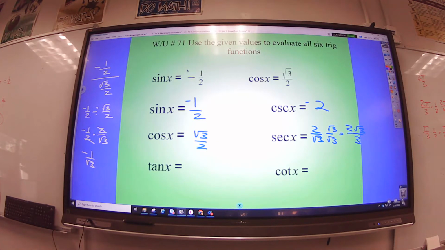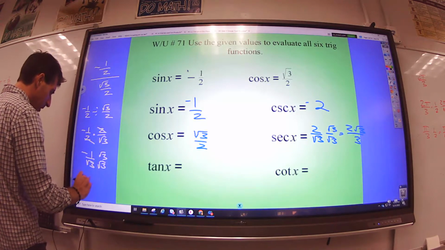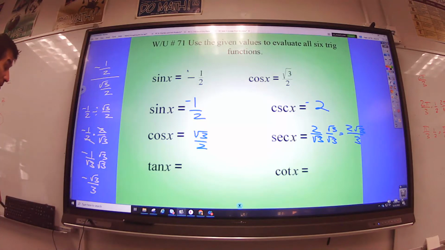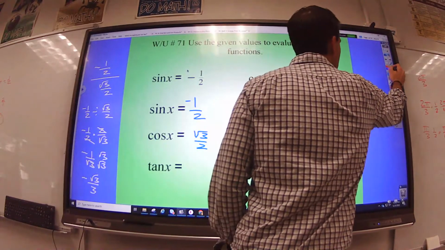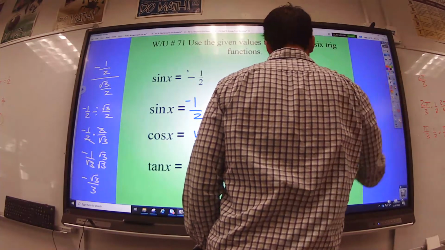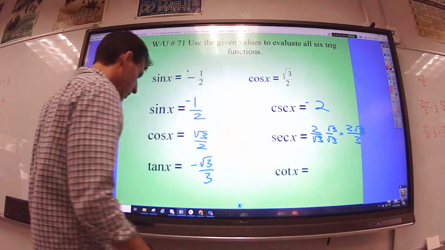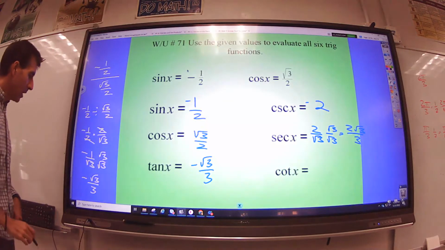Problem is, we can't have a root as the denominator, so we multiply by √3/√3, which gives -√3/3 for tangent. The reciprocal is 3/√3.